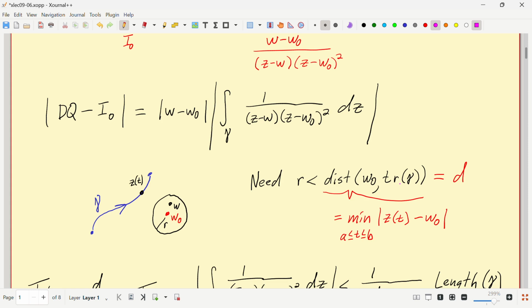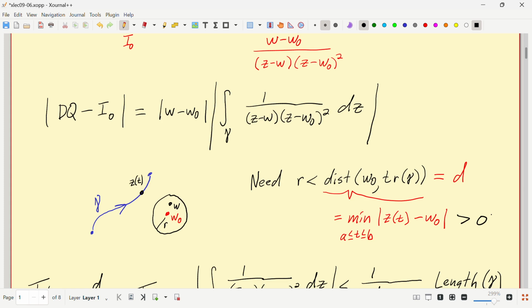That distance of w naught to the trace of gamma is the minimum of the modulus of z of t minus w naught as t ranges over the parameter range. Okay, that's a continuous function, non-vanishing on the curve, and so it has an absolute minimum that's positive. So it's kind of important to note that that distance is positive.